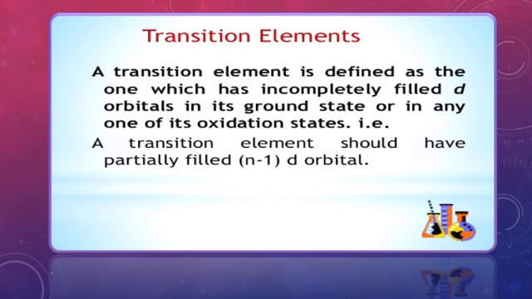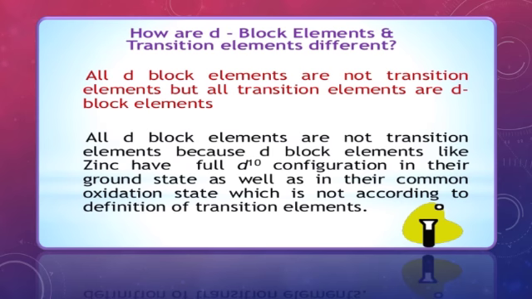That is, a transition element should have a partially filled n-1 d orbital, or we can say having electrons between 1 to 9. Remember that all the d block elements are not transition elements, but all the transition elements are D block elements.